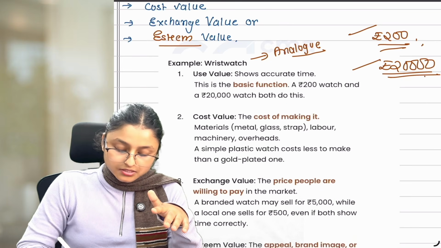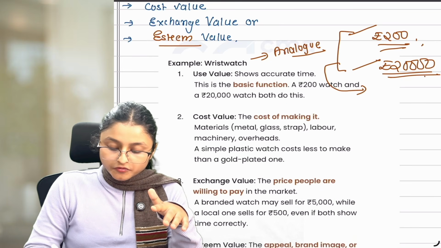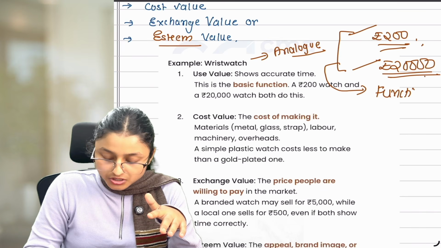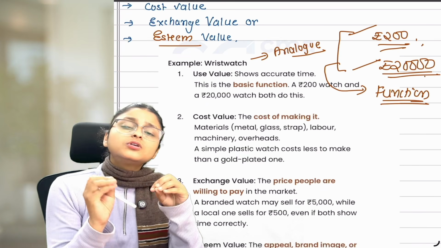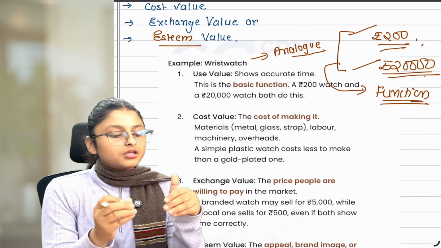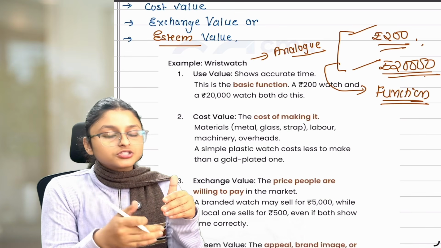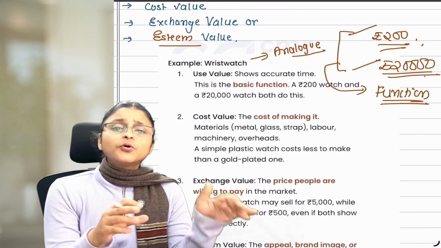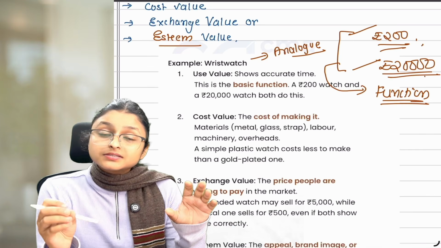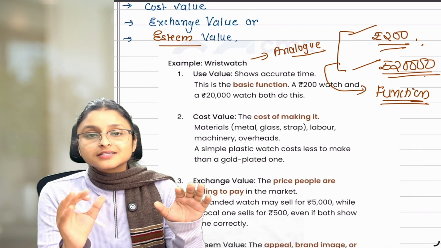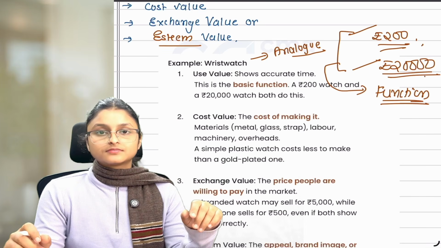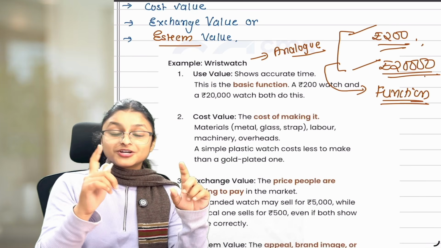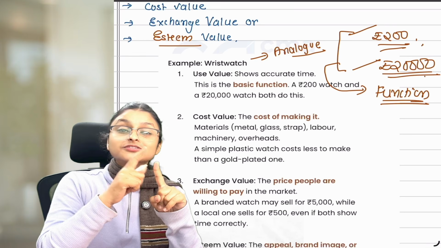This watch and this watch, both of them are going to perform the exact same function. And that is what use value is. Use value is only about the basic function, how that basic function is performed by the product. If both products perform the same basic function, then both products have the same use value.